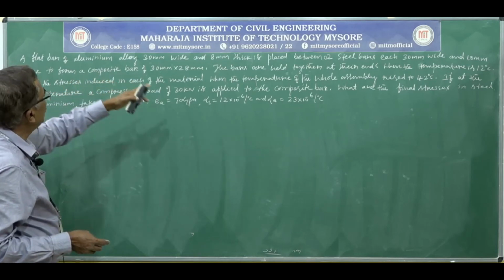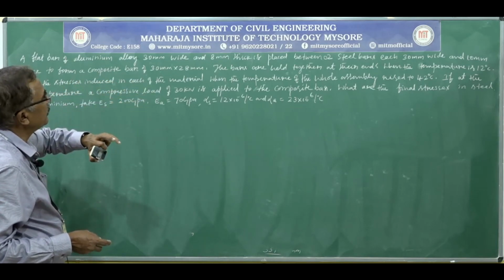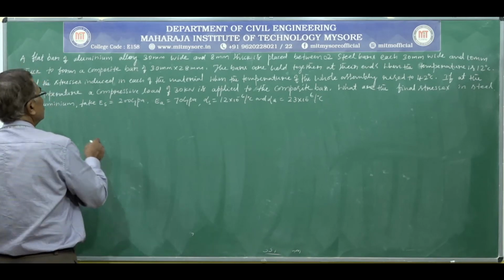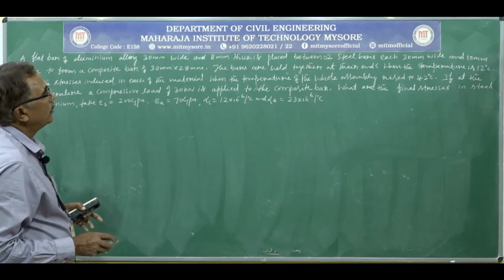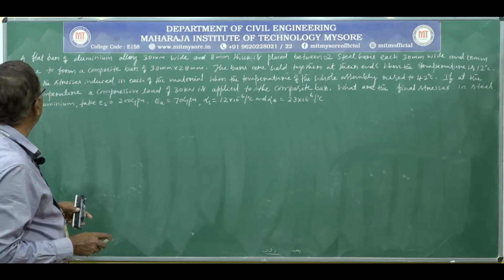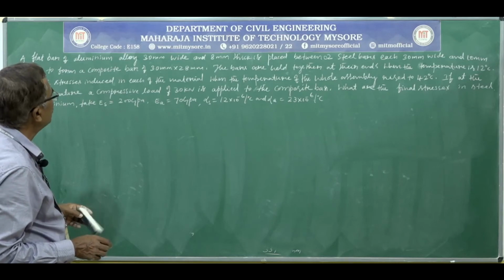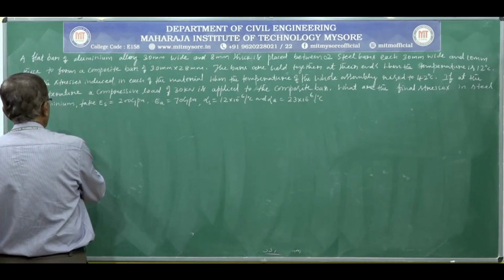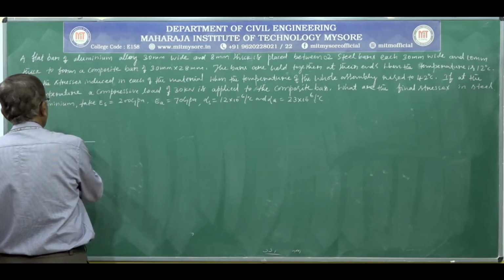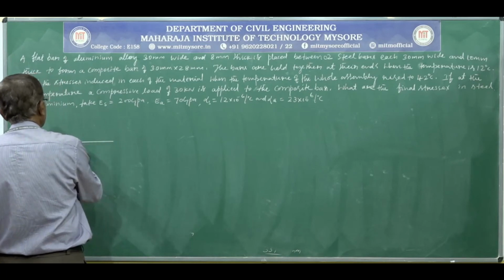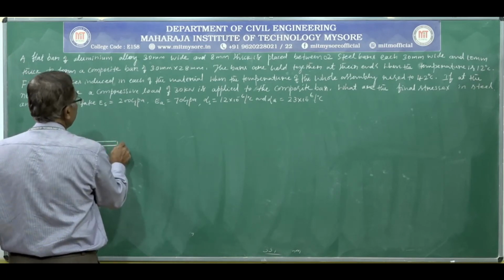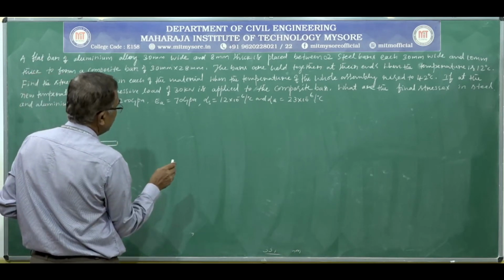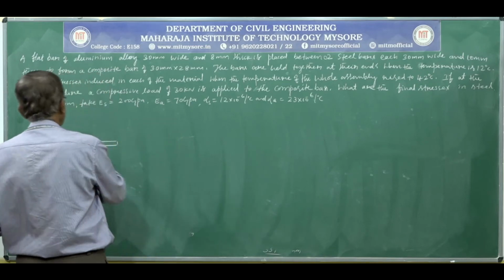A bar of aluminum alloy 30 mm wide and 8 mm thick is placed between two steel bars, each 30 mm wide and 10 mm thick, to form a composite bar of 30 mm by 28 mm. Aluminum alloy is placed between two steel bars.